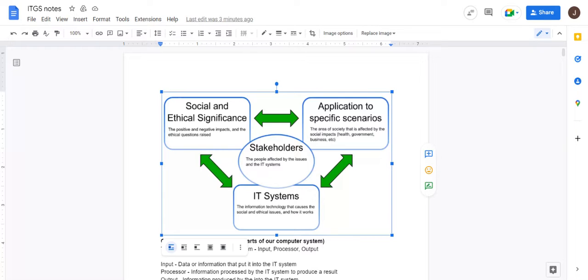So, for example, a social concern would be that if you dump the computer into the water, people will drink it and die. That's a social concern. Ethical concern is on the morality.